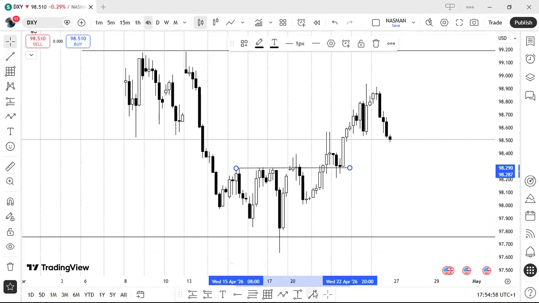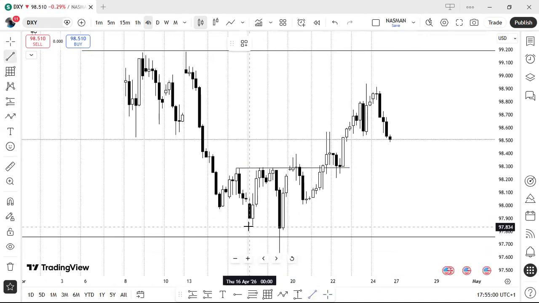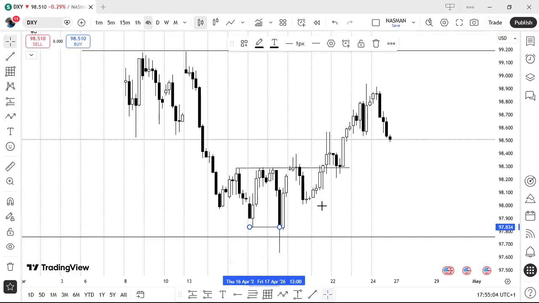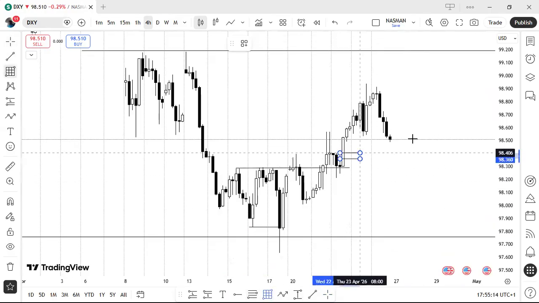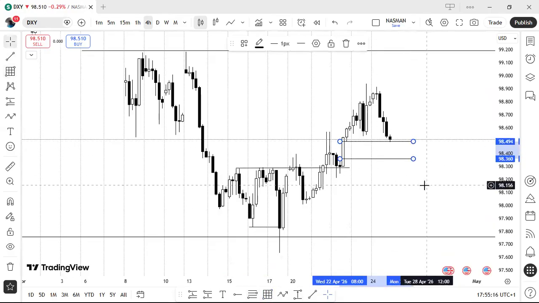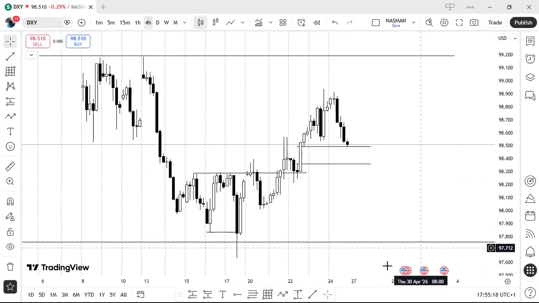It swept the 4-hour low, broke the high, which is a reversal signature. And since then, the dollar had been giving us higher high, higher low, higher high, higher low, higher high, and a current low, which we don't know if it will continue up or if it will continue down.